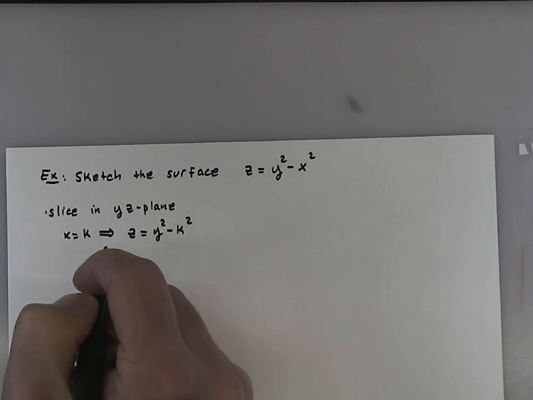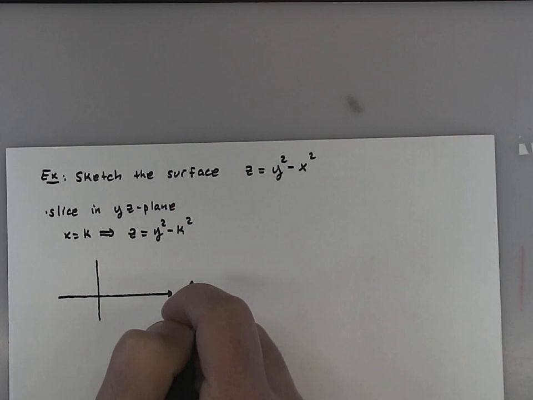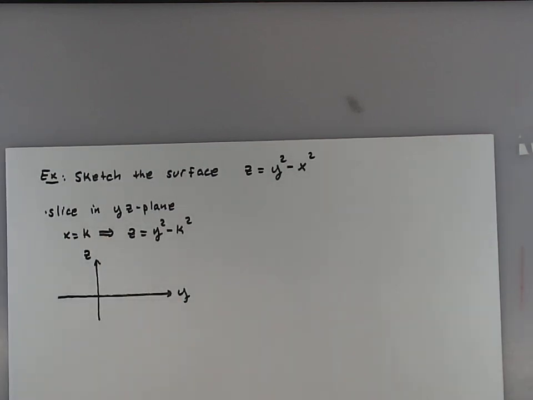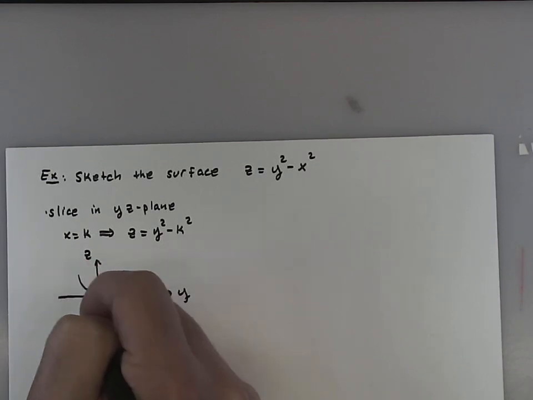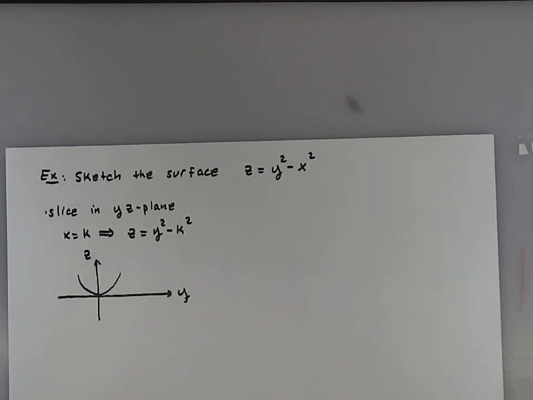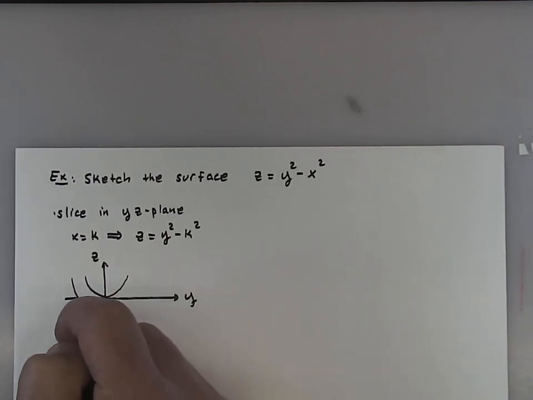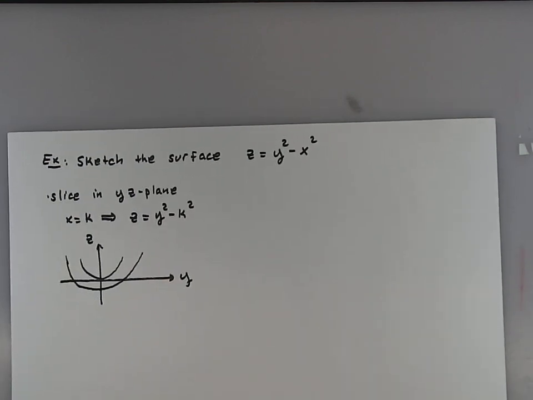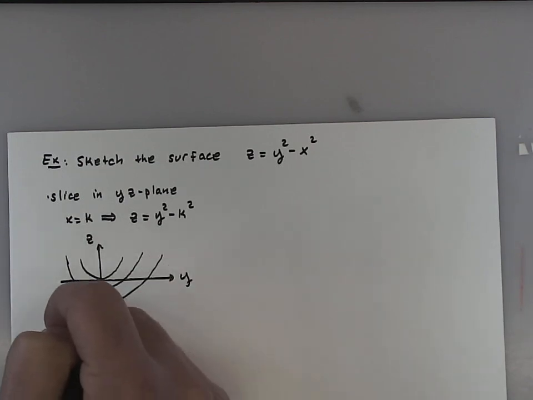So if I graph this in the yz plane, here's y, here's z. If k is 0, I get z equals y squared, which is this parabola here. If k is plus or minus 1, I get a parabola shifted down 1. If k is plus or minus 2, I get a parabola shifted down 2.